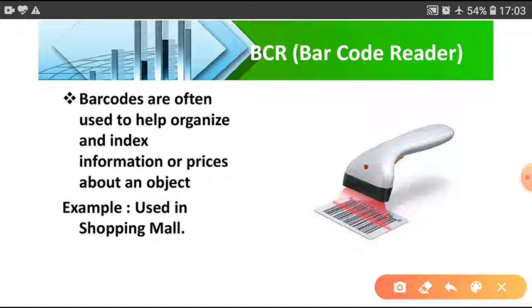This barcode machine is used to detect the number printed on the different products for calculating the price and detecting the code of that particular object. This is called barcode machine, barcode reader. This barcode machine is used by shopkeeper in shopping places.